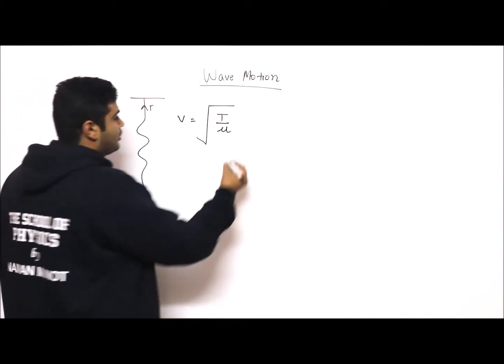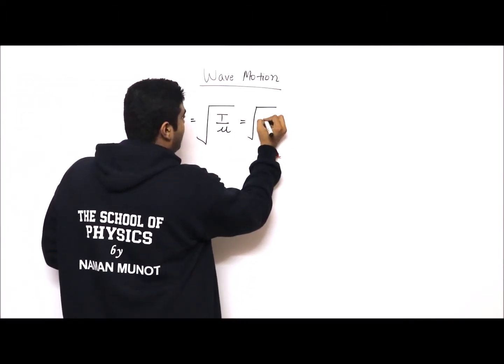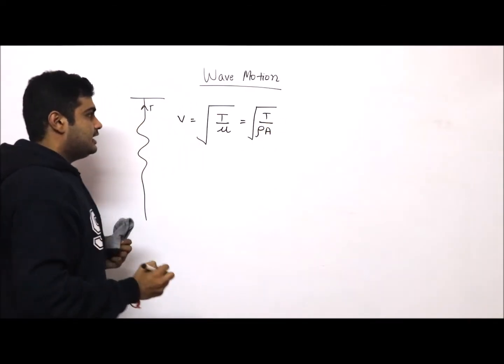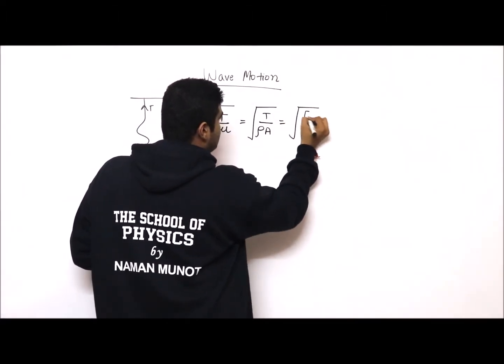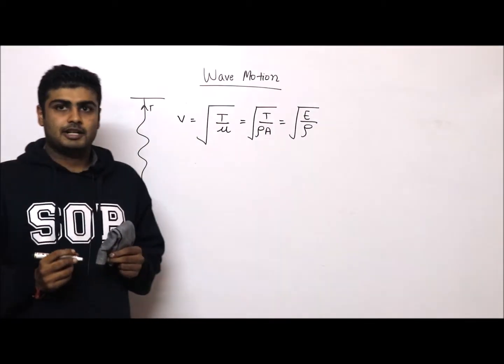So this can also be written as under root T by rho into A, where rho is the density and A is the area. This can also be written as under root of E by rho, where E is the modulus of elasticity.